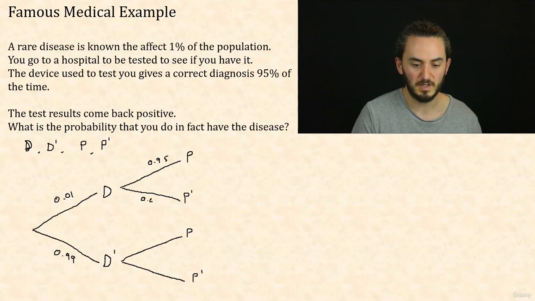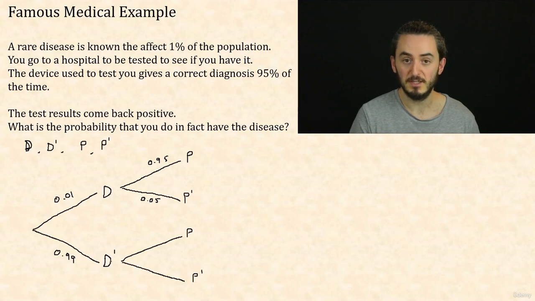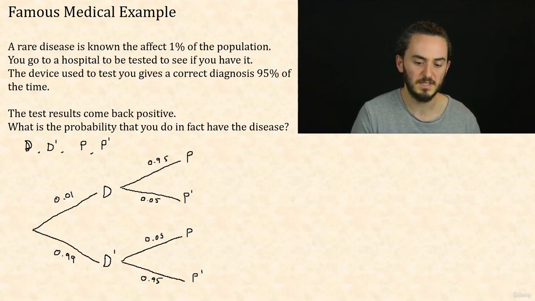You have the disease, but it tells you that you don't. And if you don't have the disease, then 95% of the time it will tell you the correct answer, which is that you don't have it, i.e. it's not a positive result. But 5% of the time it will get it wrong and tell you that you have the disease.